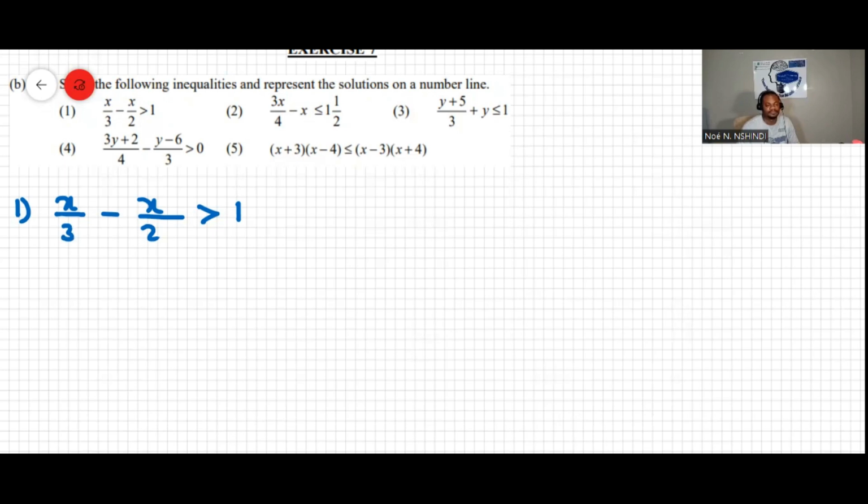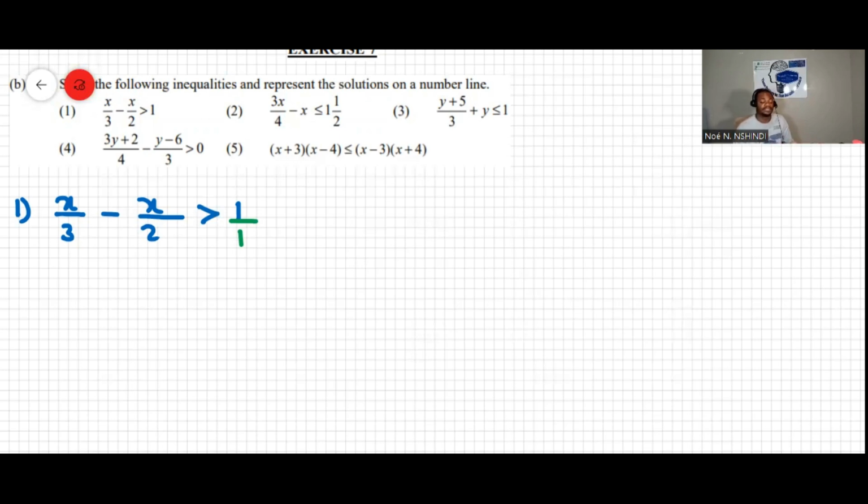Now, in a situation like this, we need to make the denominator common. So we'll look at the LCM of the denominators, because over here we have an invisible denominator, which is 1. Then we can times the whole equation by 6.